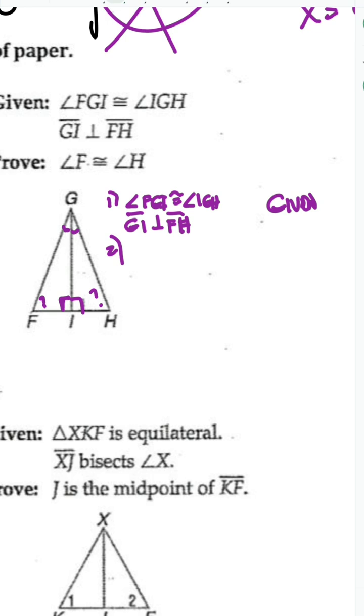We can conclude right angles, right? GI is perpendicular to FH, so that means GIF and GIH are right angles. So angle GIH and angle GIF are right angles.